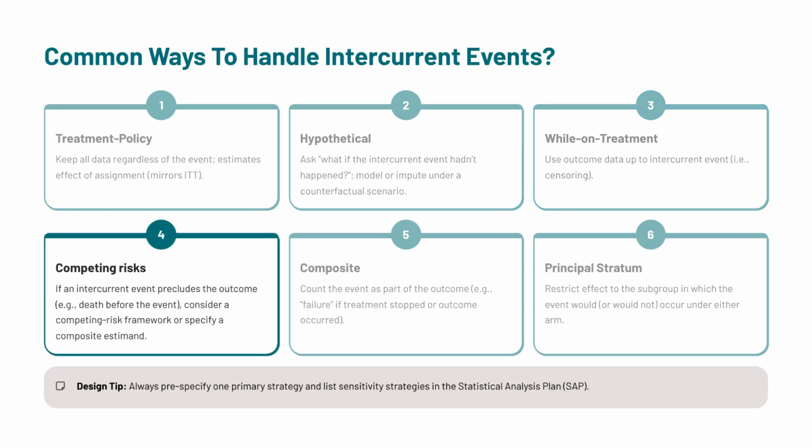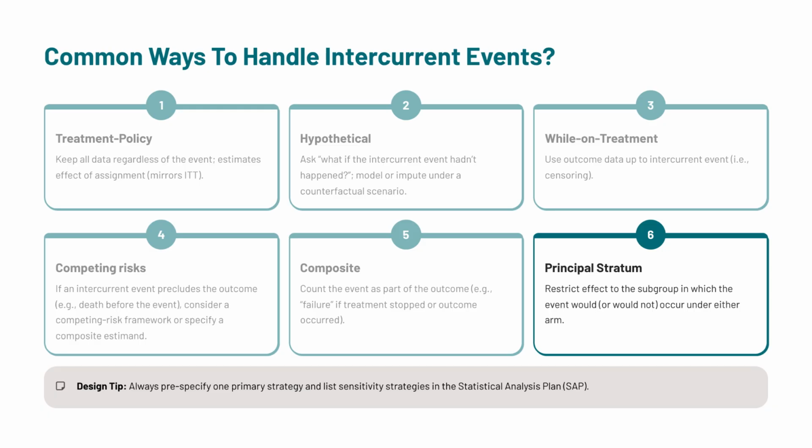When another event precludes the outcome, like death before readmission, that's a competing risk, and we use competing risk methods rather than ordinary censoring. A composite rolls the intercurrent event into the endpoint when it's clinically meaningful to count it as part of failure or success. Finally, principal stratum targets the effect in the subgroup who would show the same event behavior under either arm.